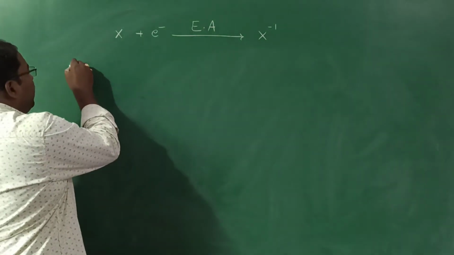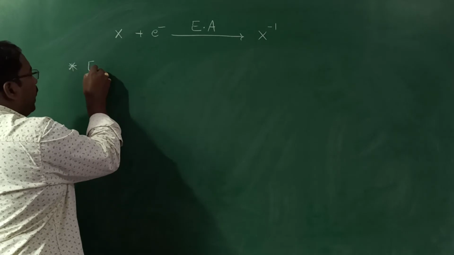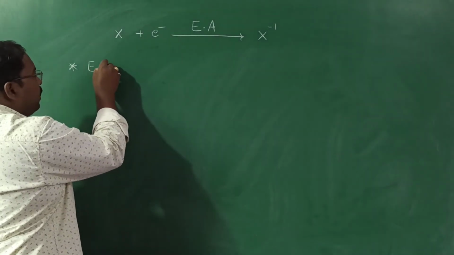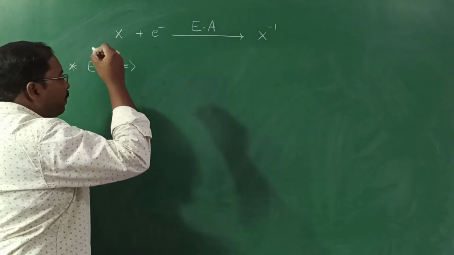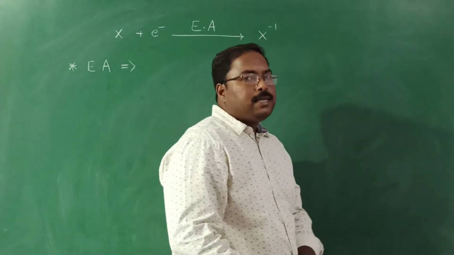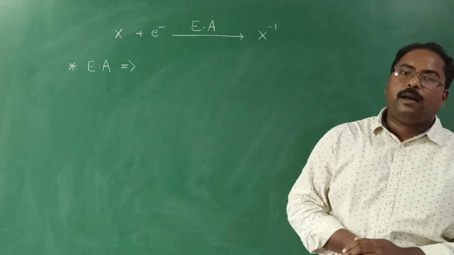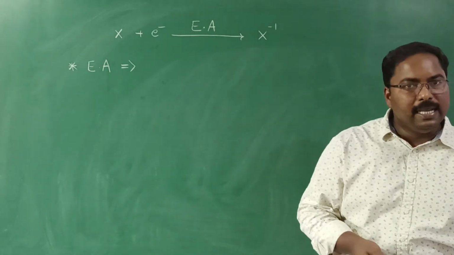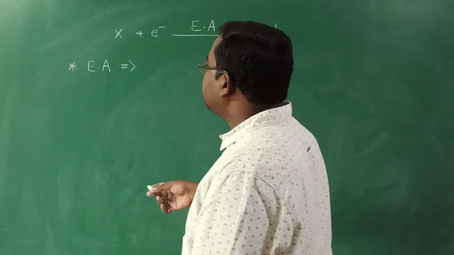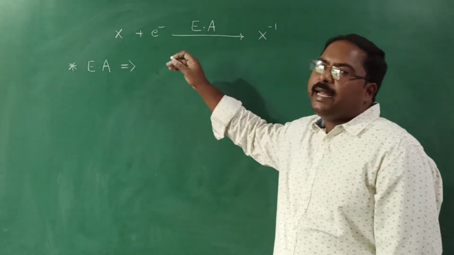Regarding these values of electron gain enthalpy, we need to remember one important point, that is whether this is always exothermic or endothermic. Exothermic means energy will be released. When energy is released, we should represent it with a negative sign.